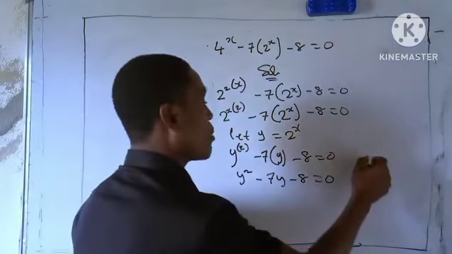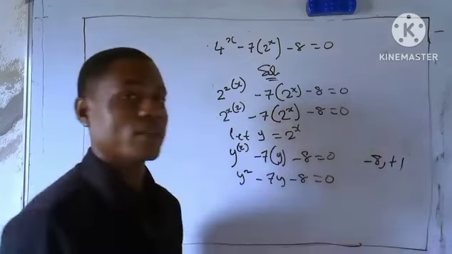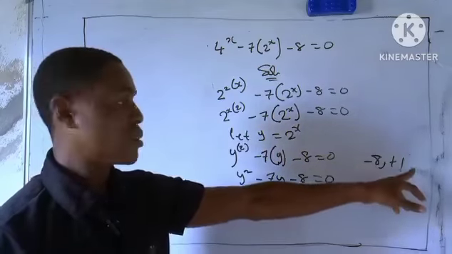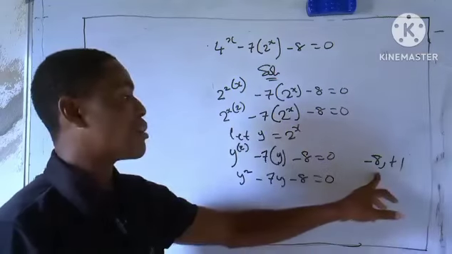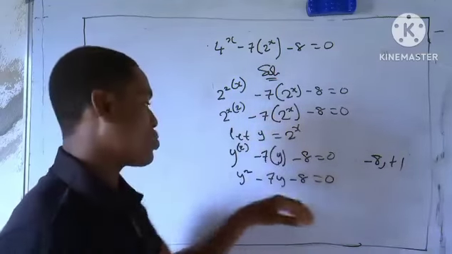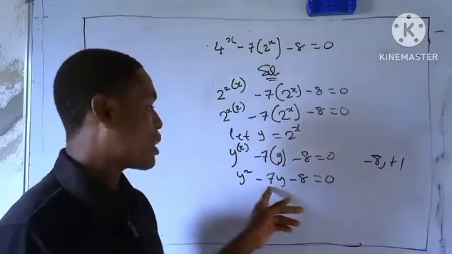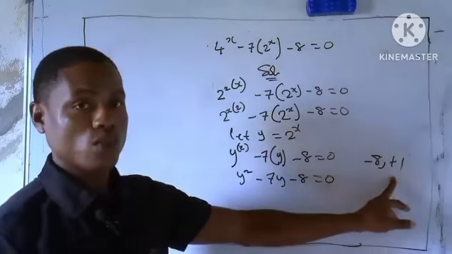The two numbers are minus 8 and positive 1. So if you use minus 8 to multiply 1, it will give you minus 8, right? At the same time, if you add up these two numbers, it will give you minus 7. So in place of minus 7y, we input these two digits.